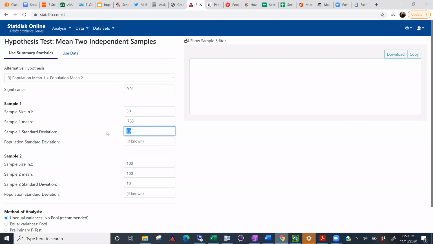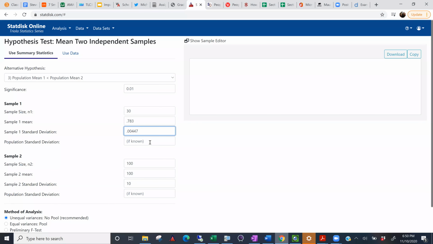Standard deviation. Where do you think I should enter the standard deviation? Sample standard deviation or population standard deviation? Sample, yeah. The standard deviation you have there is for a sample. They didn't say, here's the population standard deviation. We don't have that number. We've got the sample standard deviation. So that was 0.00447.